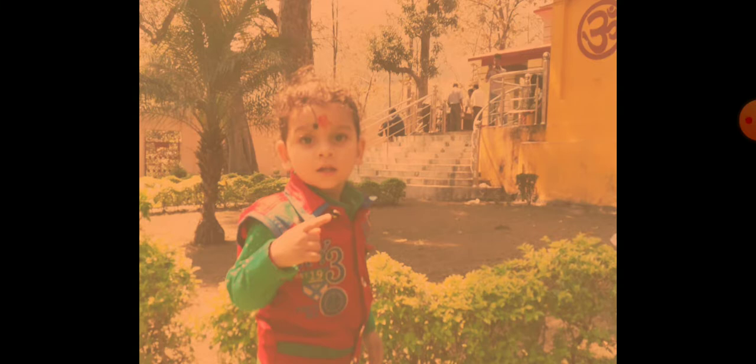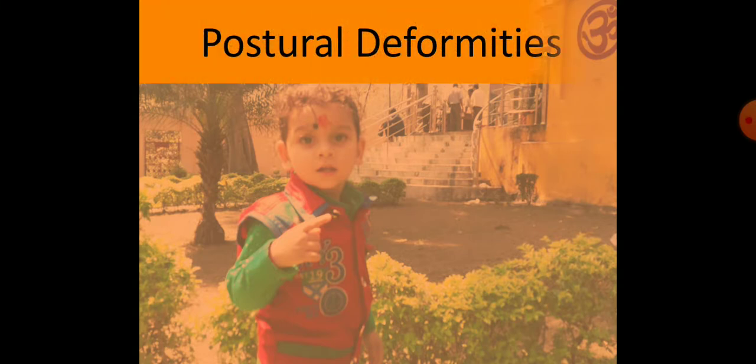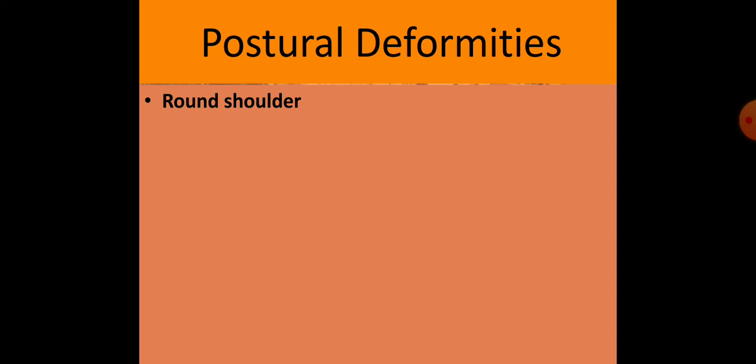Here we can see the postural deformities, and how many there are in total. Round shoulder is the first postural deformity of the spine, then lordosis, kyphosis, scoliosis. These first four are the postural deformities of the spine, or spinal curvature.